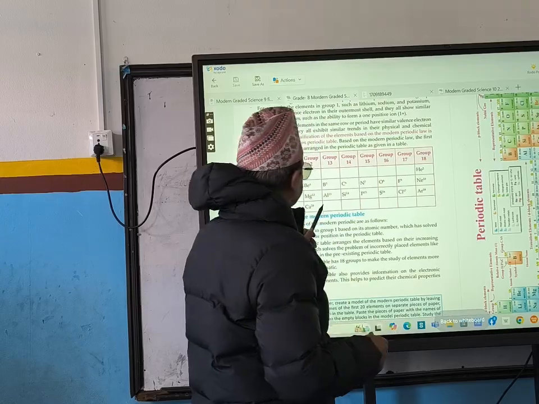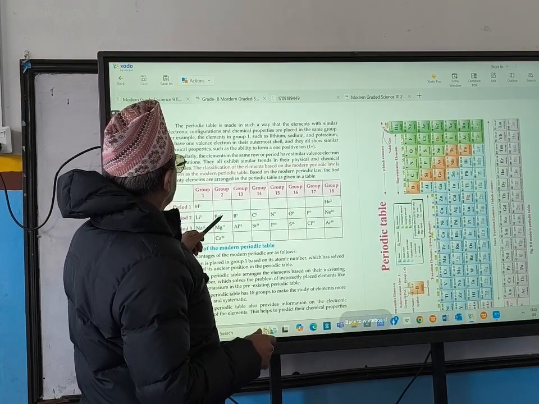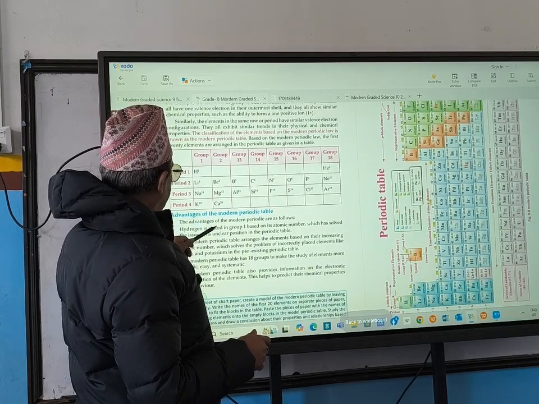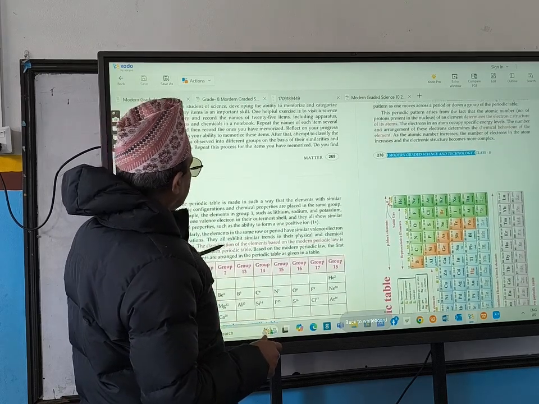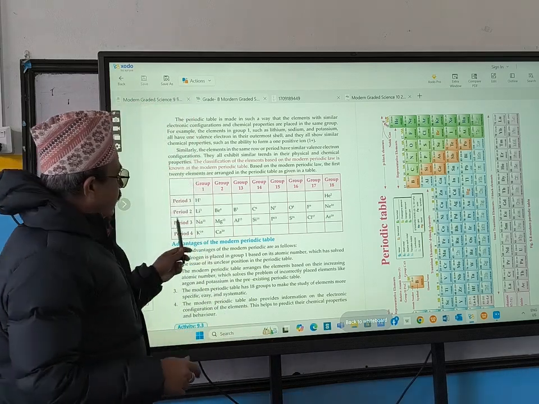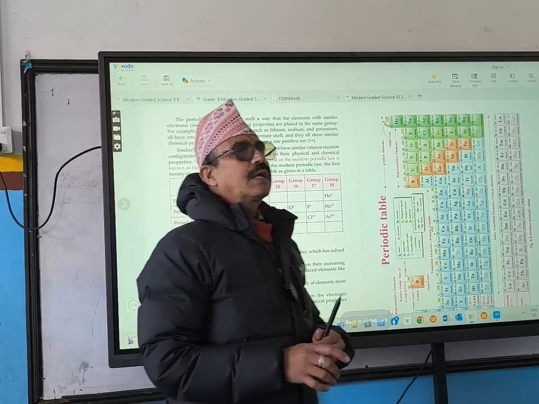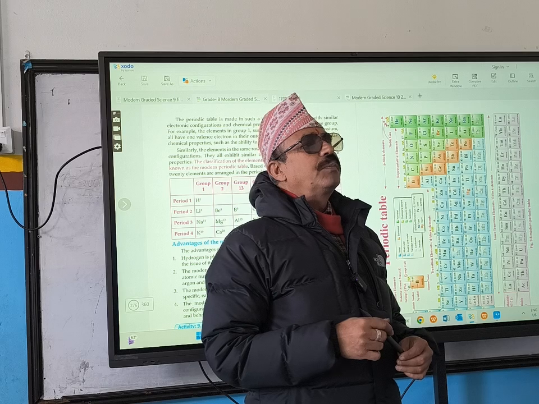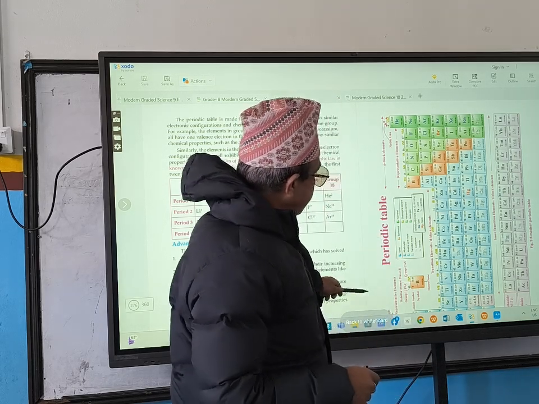But we need to remember, who gave this periodic table? Now children, what to remember here is that in the modern periodic table, there are altogether 18 groups. How many groups? 18. And how many periods? 7 periods. 18 groups and 7 periods.